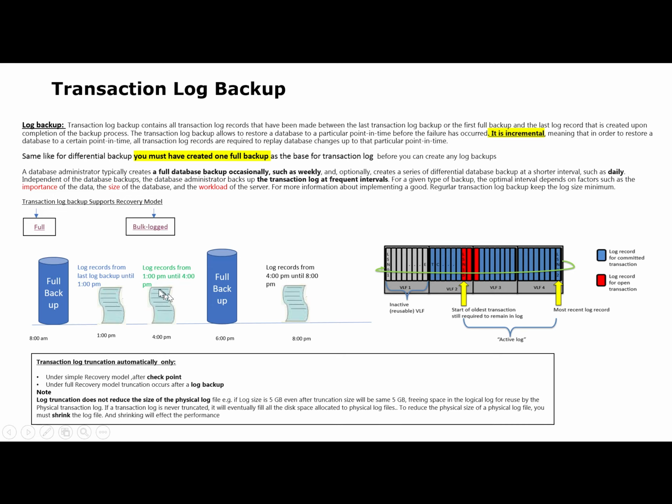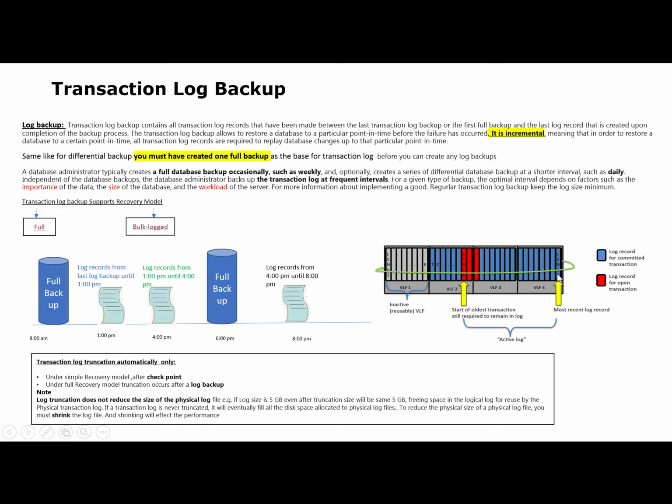Like we took this log backup at 4 p.m. and if this much space is used, this space will be freed and we can reuse this space for other transactions. So in the full recovery model, when we take the log backup, the truncation occurs in the log file. The truncation will not reduce the size of the log file.